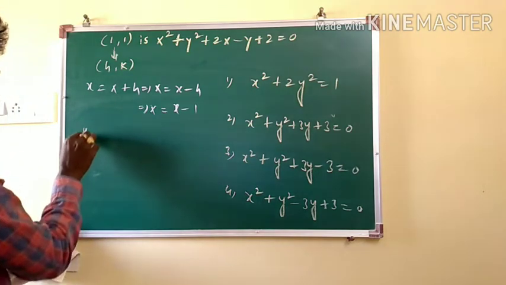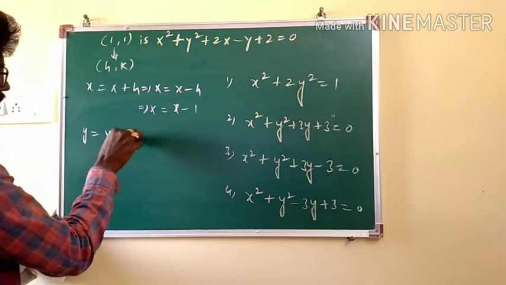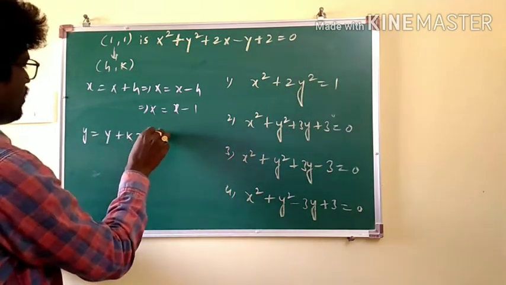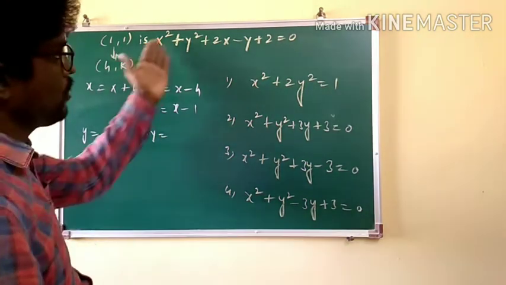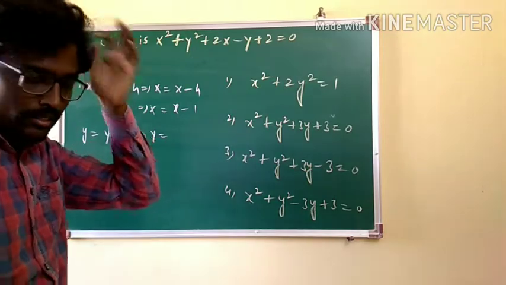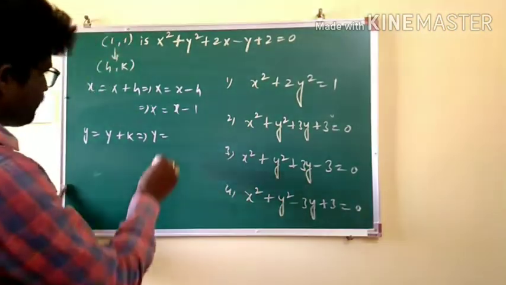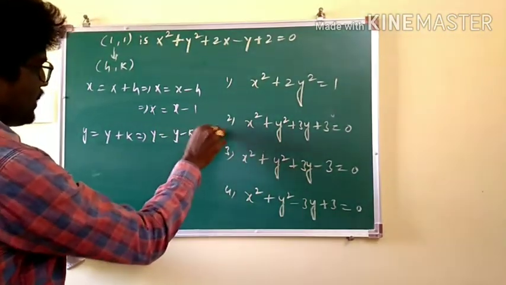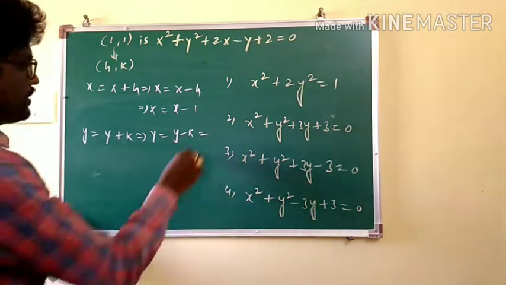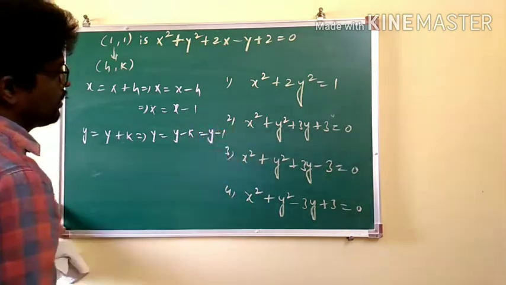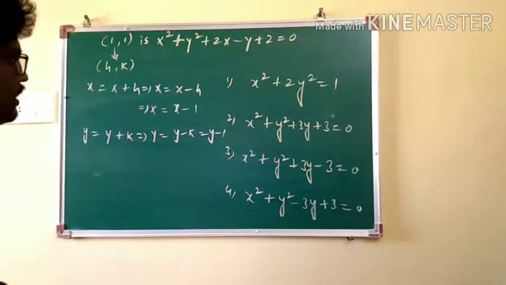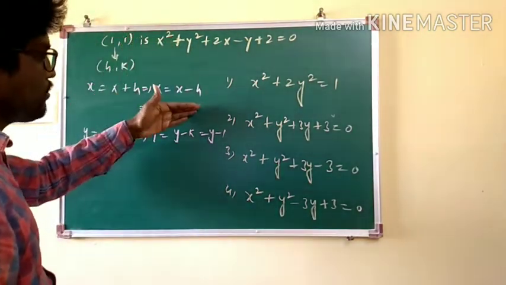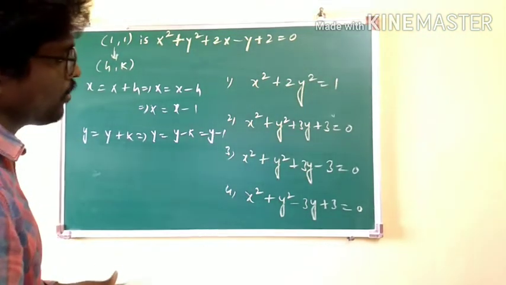And similarly y is equal to capital Y plus k, therefore capital Y is equal to y minus k, that is y minus 1. Means in the given equation you are supposed to replace capital X and capital Y by x minus 1 and y minus 1.